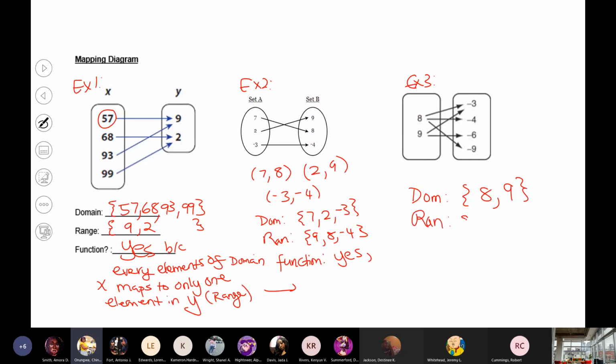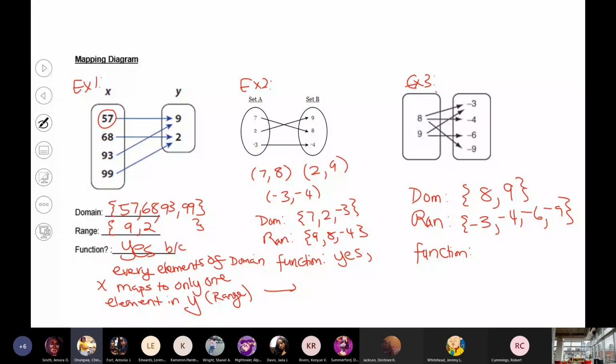So it's the set with the elements -3, -4, -6, -9. It's a function if and only if I only have one arrow coming out from each element of my domain. So 8 can only map to one thing. 8 can't be a two-timer. 8 can't be cheating.